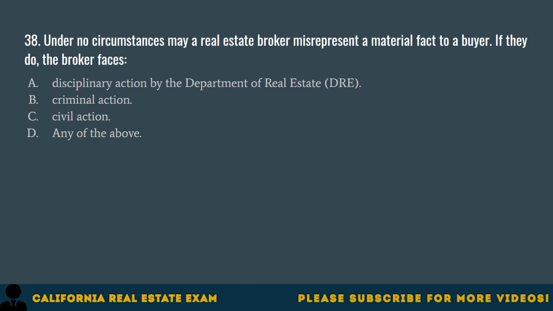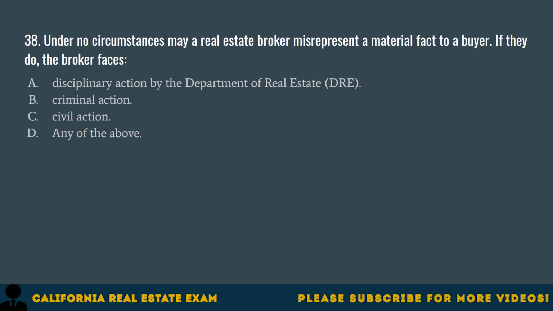Question 38. Under no circumstances may a real estate broker misrepresent a material fact to a buyer. If they do, the broker faces A. Disciplinary action by the Department of Real Estate, DRE. B. Criminal action. C. Civil action. D. Any of the above.